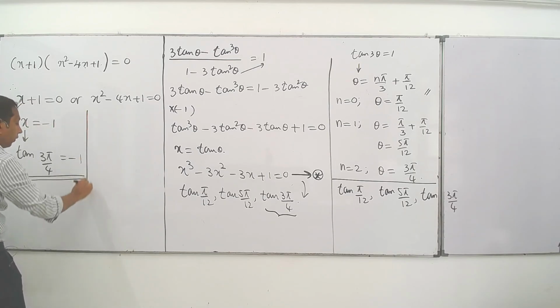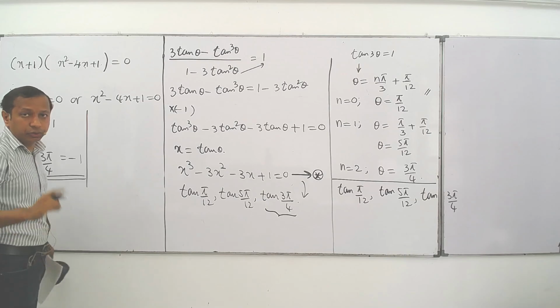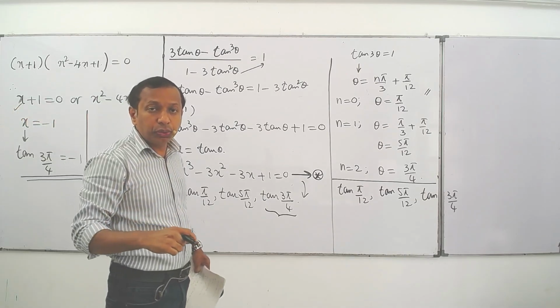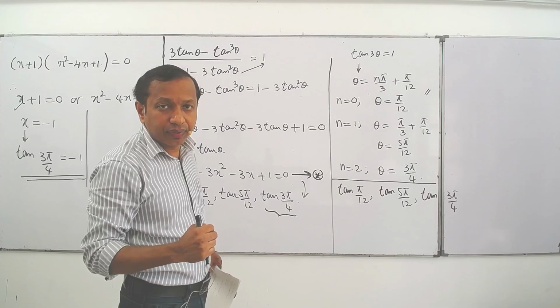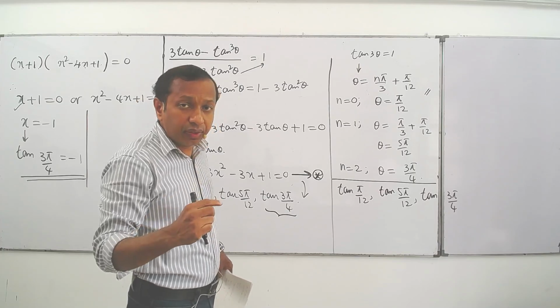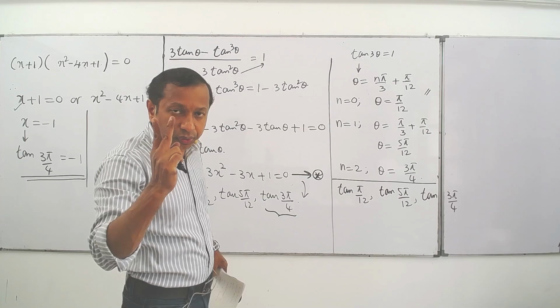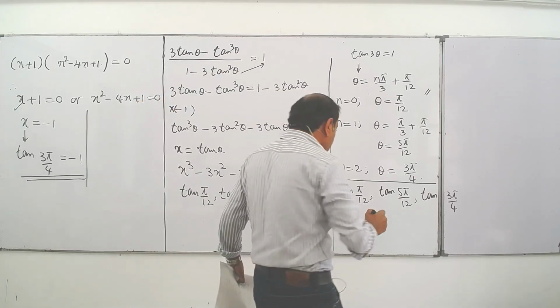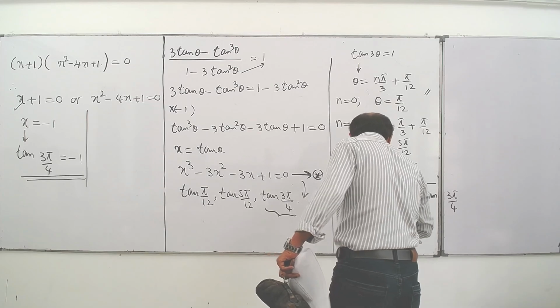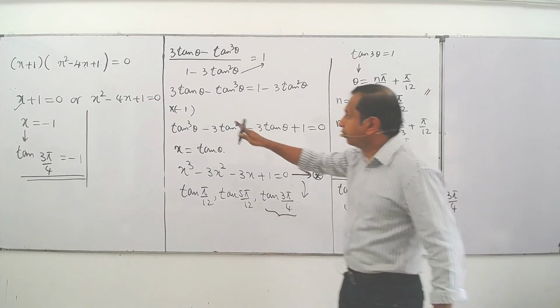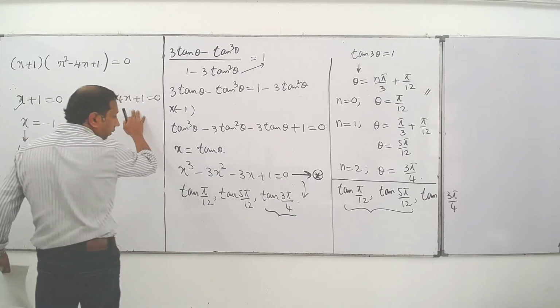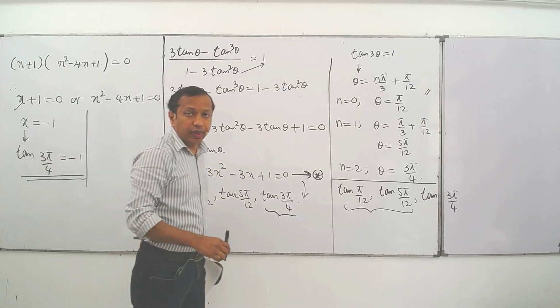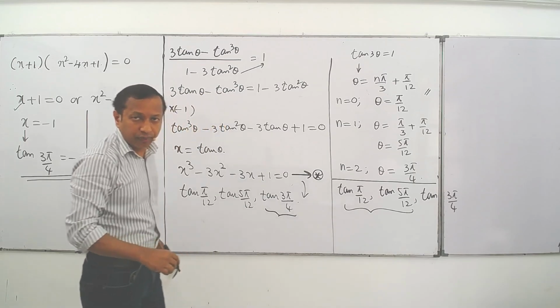Then this equation should give another 2 answers for tan theta. Then the answers of 2 tan theta should be this and this. It means the roots of this equation should be tan pi by 12 and tan 5 pi by 12. Okay?